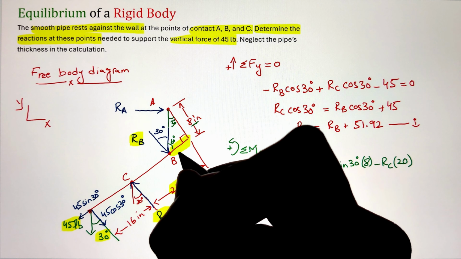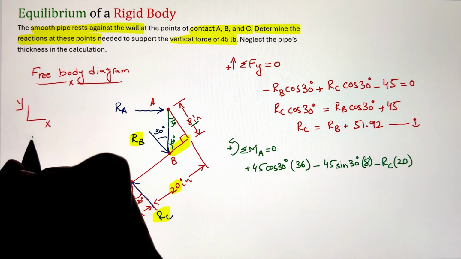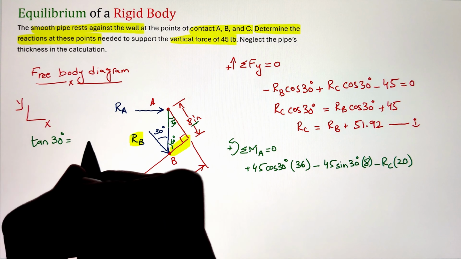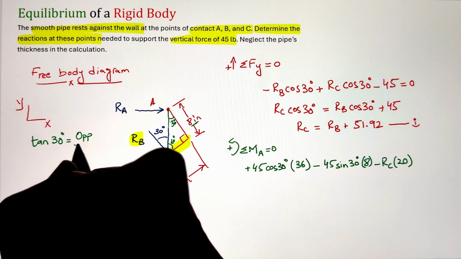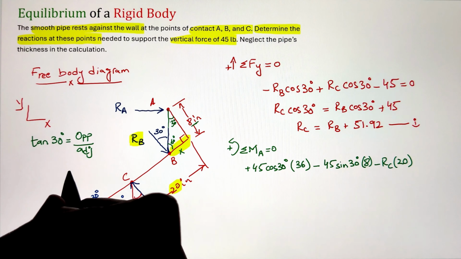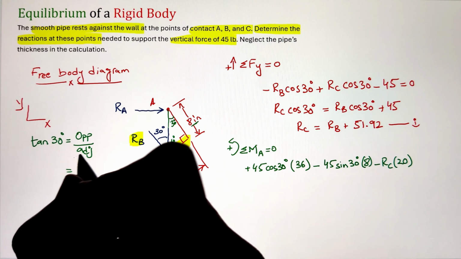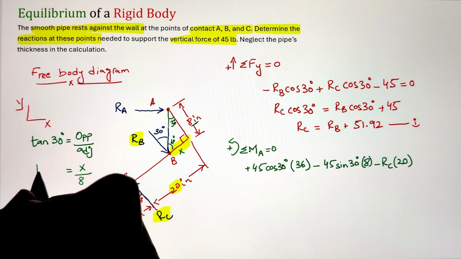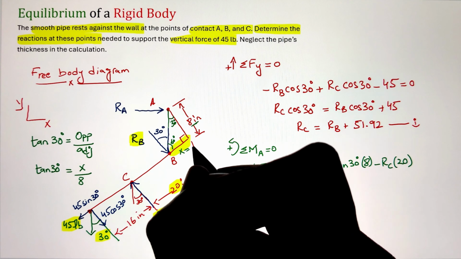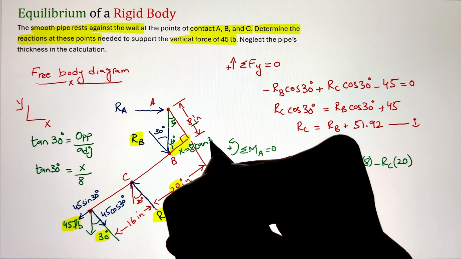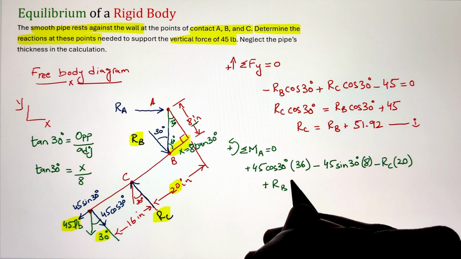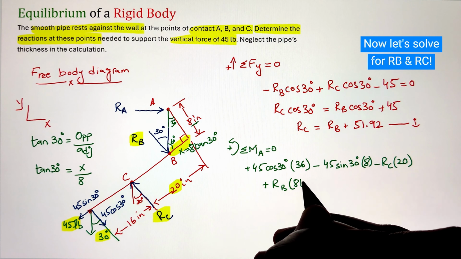We know that tangent theta equals opposite over adjacent, and we are looking for the opposite in this case because that is the perpendicular distance between point B and A. So that distance can be calculated using our tangent function and comes as 8 tan 30. Next, this force Rb is going to create a counterclockwise moment as well. That's why it's taken as positive.